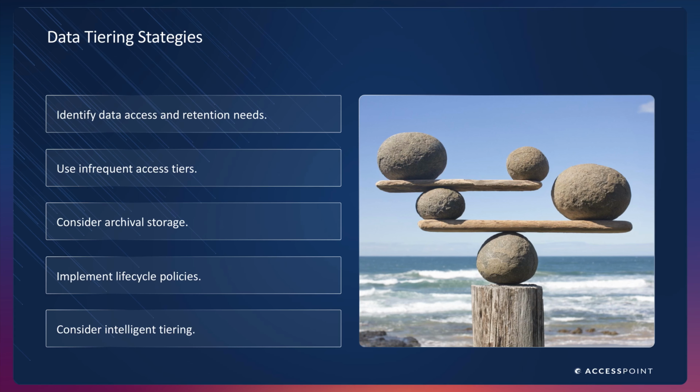Data tiering. Yeah, data tiering is an interesting topic. Again, I think it's where a lot of people can get into trouble if they're not careful. When we talk about data tiering, within the cloud, depending on the storage mechanism you're using, there are different price points and different rules for accessing data.